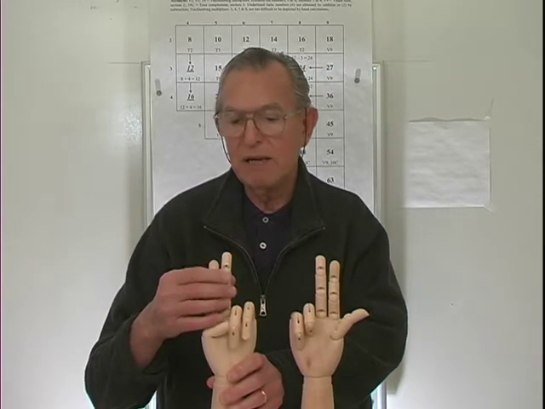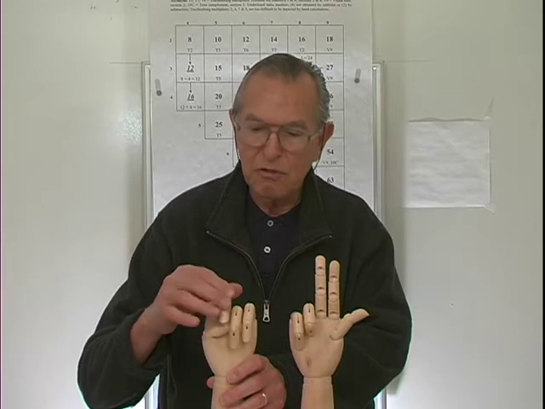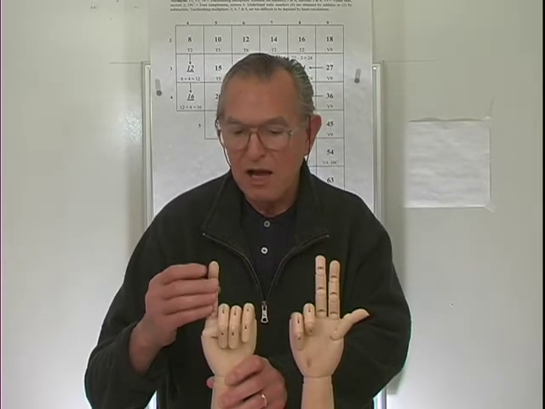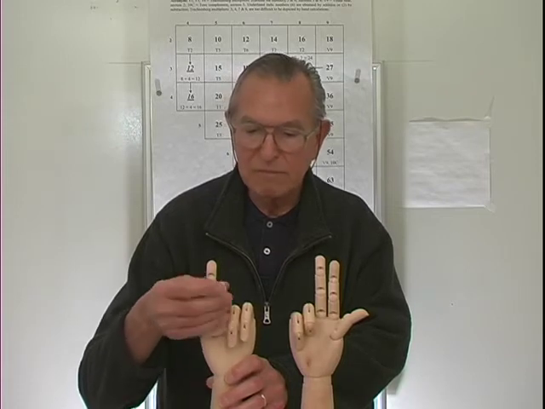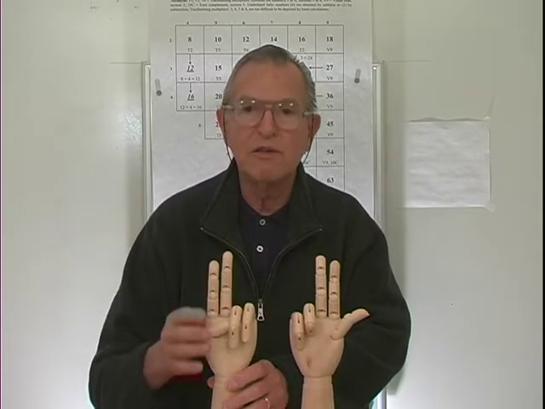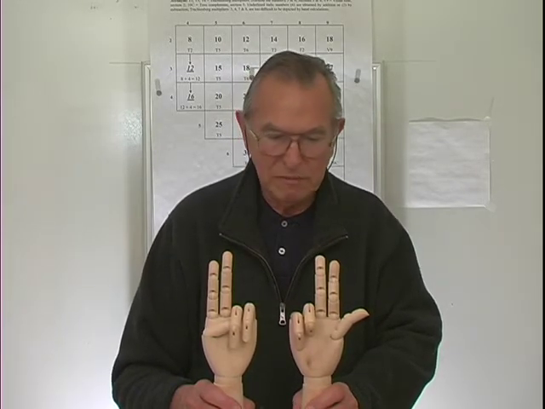So I would say 9, 10. Remember, this was already 8, the closed fist. And then you're going to count starting at one higher number. So this is 9, and that's 10. So 2 extended fingers. What it means is that 8 plus 2 is 10. So that's a tens complement.